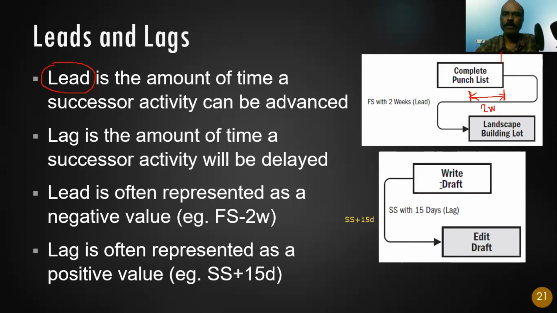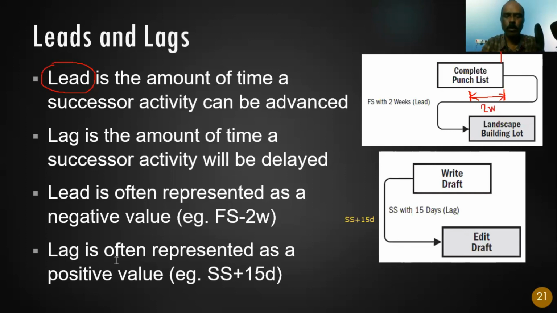Okay, in this example, you are writing the draft, and then after 15 days, you are starting to edit the draft. This is SS plus 15 days. Whereas here, it is FS minus 2 weeks. So lead is always a negative value, lag is always a positive value.